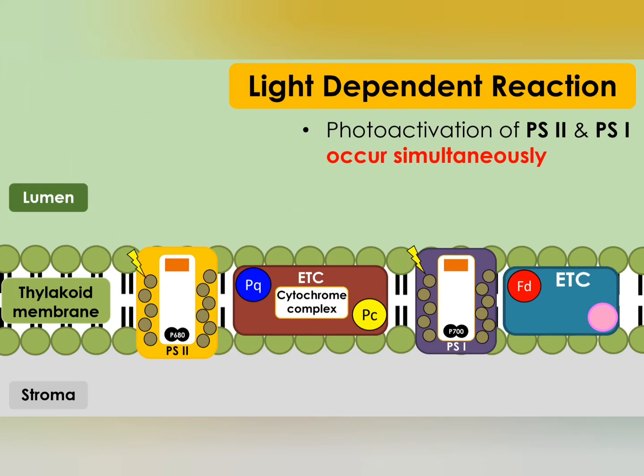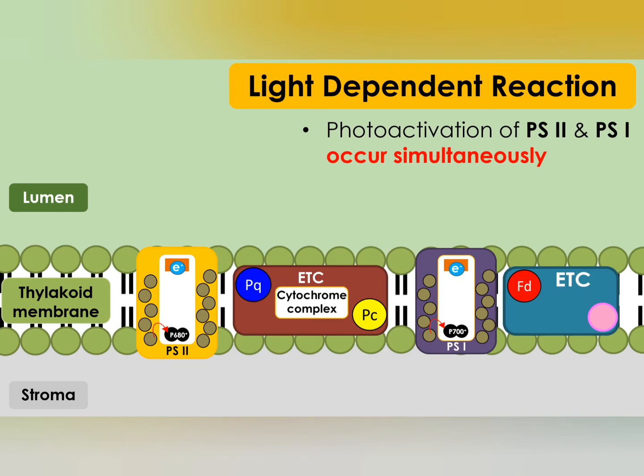Overall, we can see that photons or energy from the light is being used to excite electron from P680 or P700 to a higher energy state so that it will be captured by the primary electron acceptor. As a result, both P680 and P700 will become oxidized into P680+ or P700+.